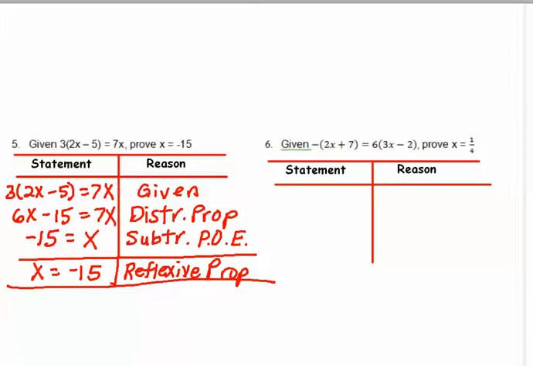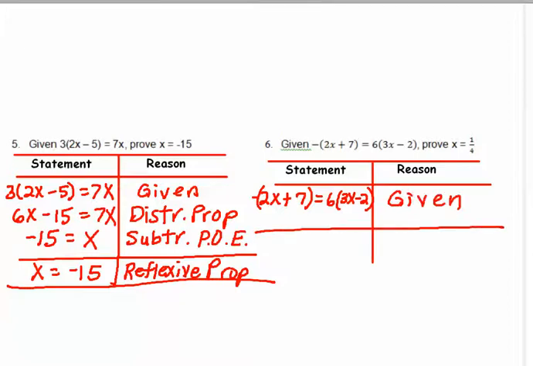Okay, another one. This is 2x plus 7 equals 6 times 3x minus 2. I'll squeeze that in. And that's my given. And I'm going to go ahead and use the distributive property on both of these. Okay.